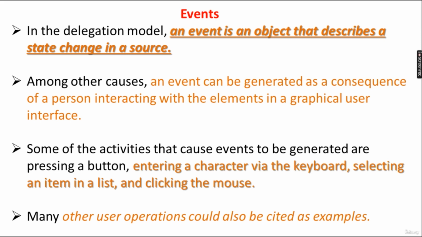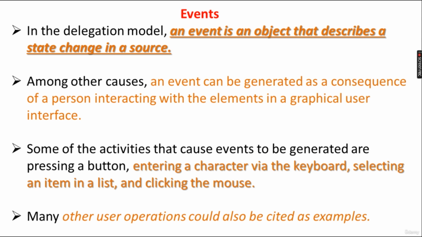Those are treated as an object that describes that some state has been changed in a source. So what is the state? For example, the first time the state of the checkbox was unchecked, and after the user does something, the state of the checkbox becomes checked. So there is a state change of the checkbox.